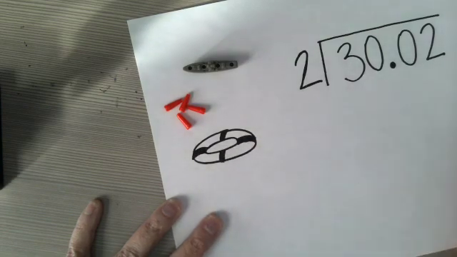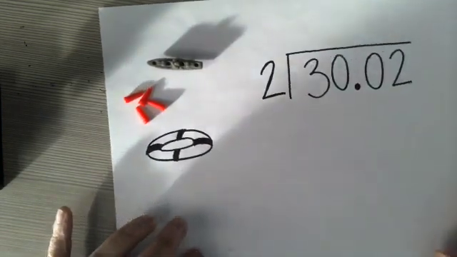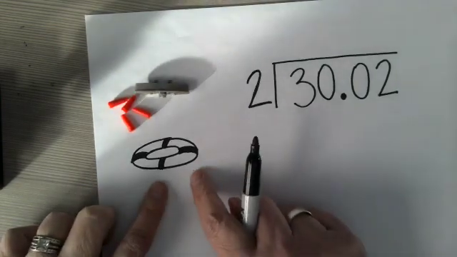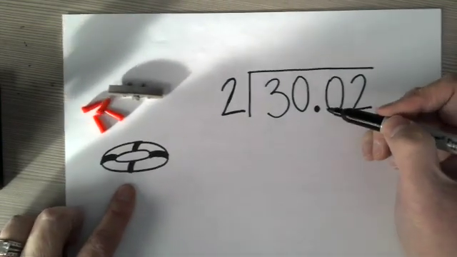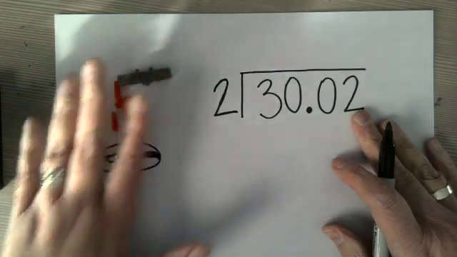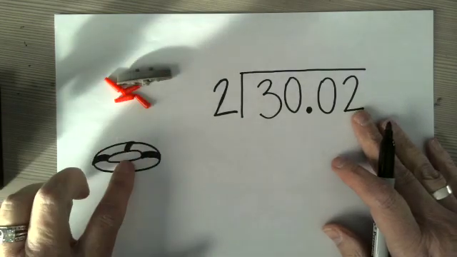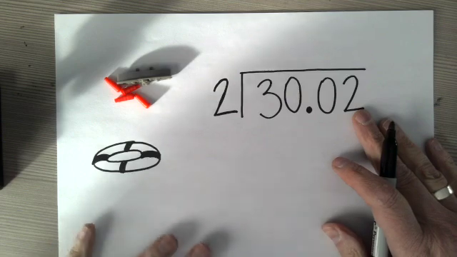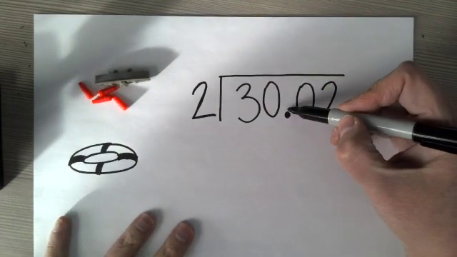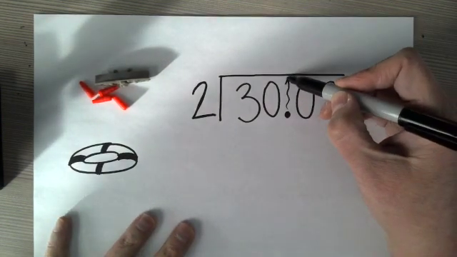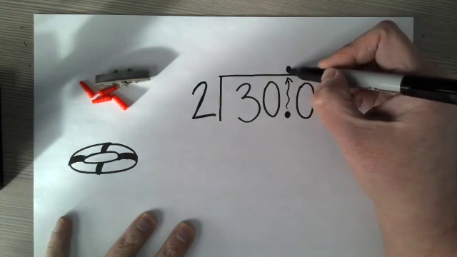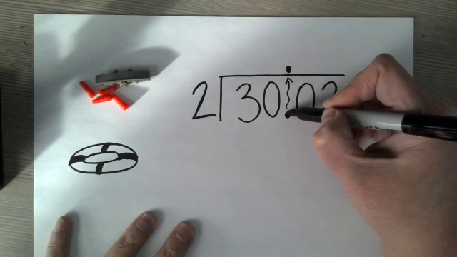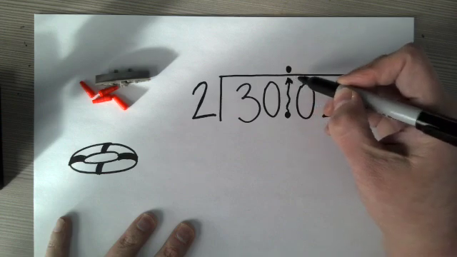Some of the kids called them a lifesaver. That's fine, doesn't matter, it works great. But that's what we're going to do with a decimal point. We're going to call it a life preserver or a lifesaver. And what it's going to do is it's going to get thrown off the ship and land in the ocean to help when the battleship sinks, right?